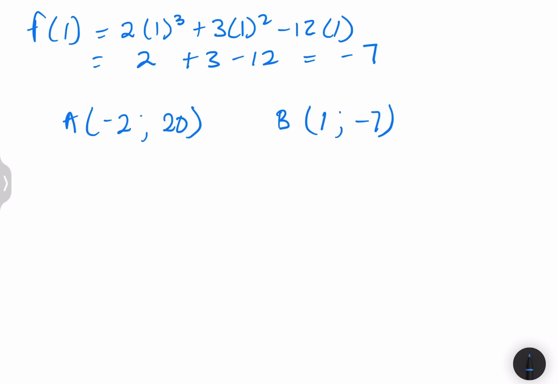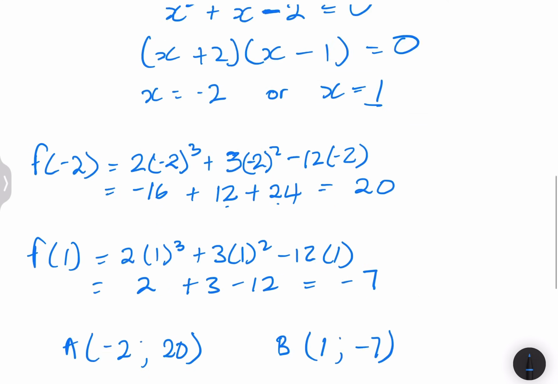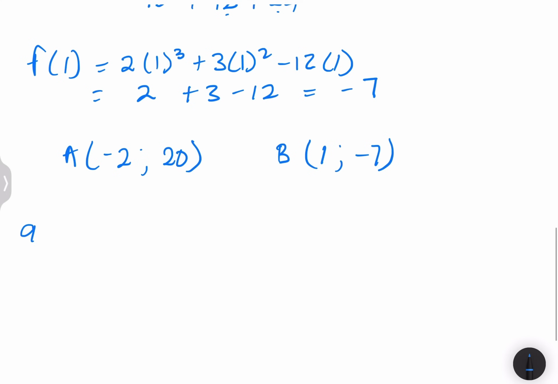Okay, so usually when we get the point of inflection, this is 9.2. How do we get the point of inflection? Well, now that we've got the x value of the turning points, the point of inflection is the midpoint between your turning points.